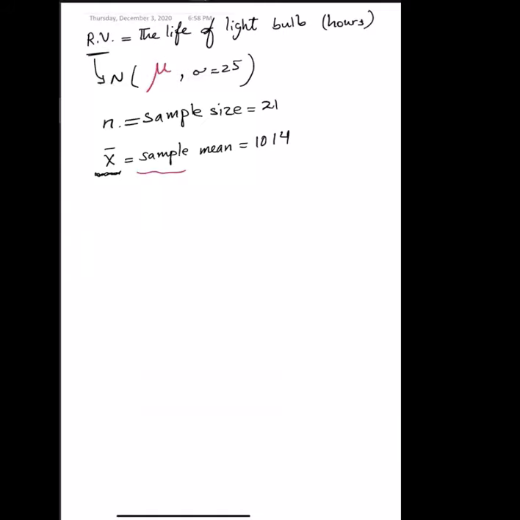So basically what happens here is that the life of the light bulbs produced in this company or wherever is definitely a random variable. It changes from one light bulb to another. I'm interested to get some idea about the average of the life of these light bulbs.